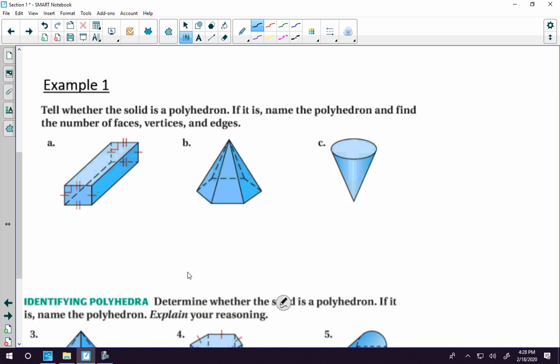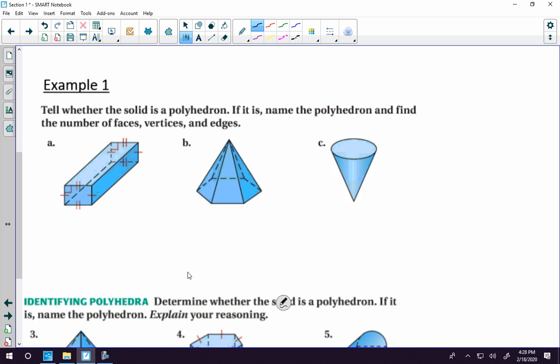Part A: is it a polyhedron? The question is whether it is a three-dimensional space figure made up of polygons. Yes, all of the parts of this 3D shape are made up of polygons. It has polygons as its faces, so yes, it is a polyhedron.